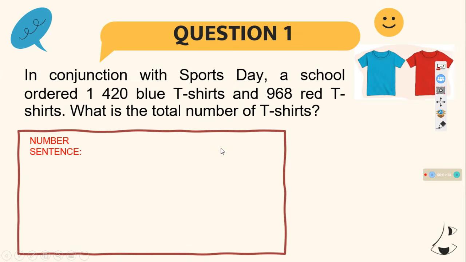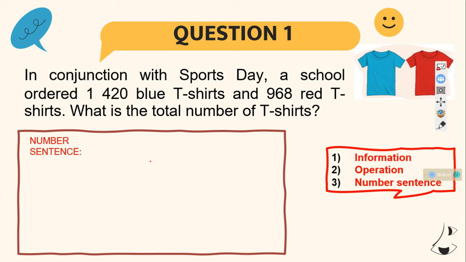Alright? So for question 1, in conjunction with Sports Day, a school ordered 1,420 blue t-shirts and 968 red t-shirts. What is the total number of t-shirts? If you read this question, here are the steps that I mentioned earlier.